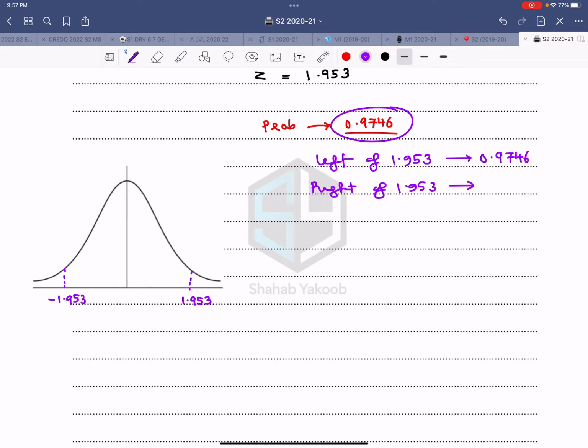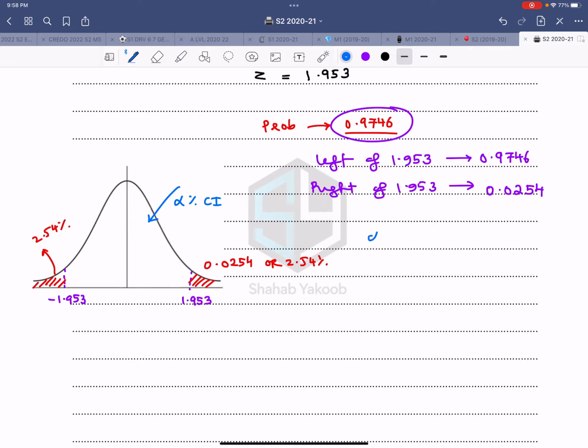So 1 minus 0.9746 comes out to be 0.0254. This is the value that you receive. Now on this extreme right, this is 0.0254 or 2.54%. Similarly on the extreme left is 2.54%. So therefore this middle one is that alpha percent confidence interval.